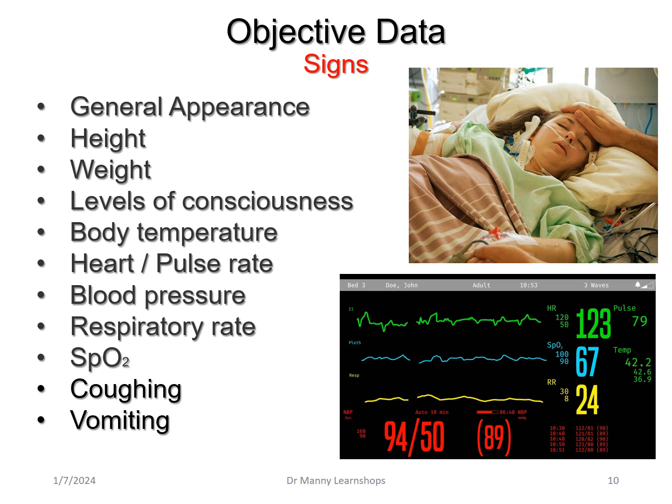This is signs. These are clinical manifestations that you can see: their general appearance, how tall they are, how much they weigh, their level of consciousness, body temperature, heart or pulse rate, blood pressure, respiratory rate, SpO2, if they're coughing or they're vomiting. They're measurable.